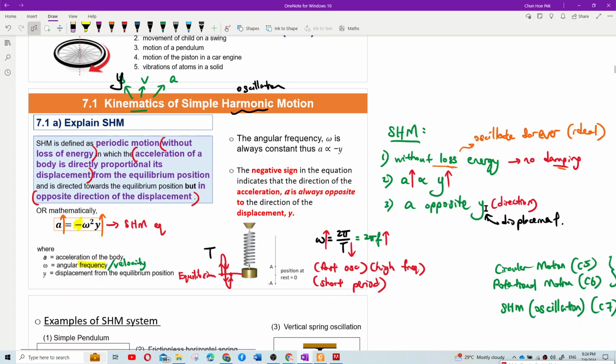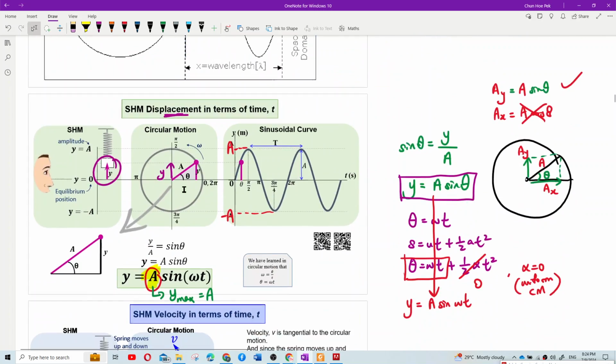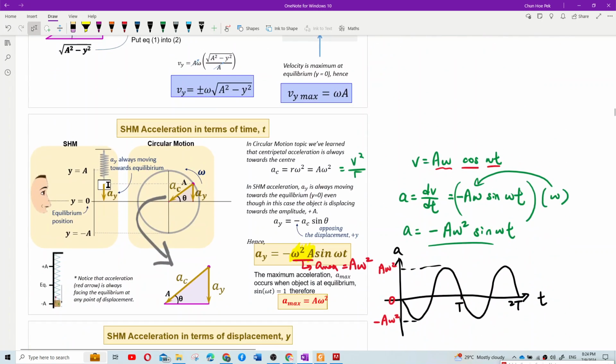Like in the diagram of the spring, at this position the displacement is going up, but the acceleration is going down. Why? Because the spring is being compressed. The restoring force pushes the object back to equilibrium.